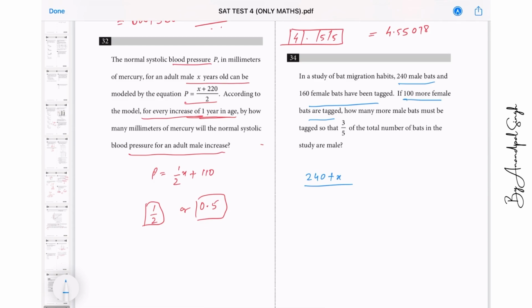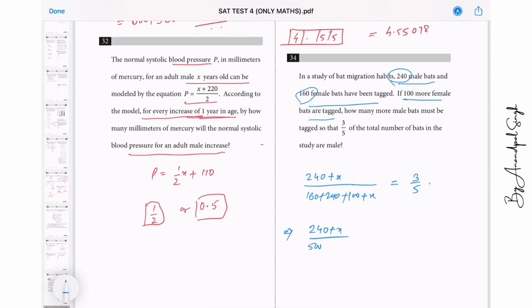So the total were 400, 160 plus 240. And now 100 more are tagged, and so the total will be plus X. And this should be 3 by 5. Now we need to find what X is.